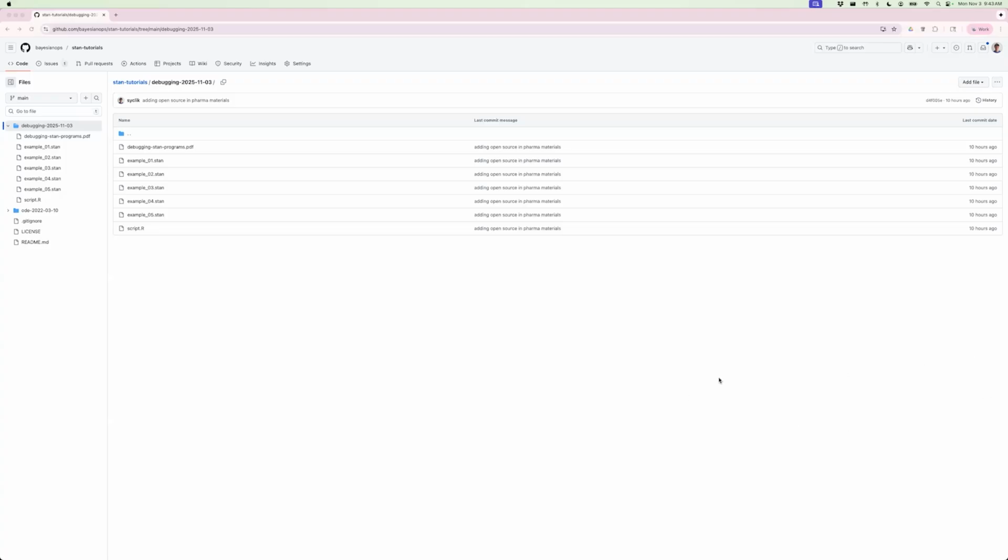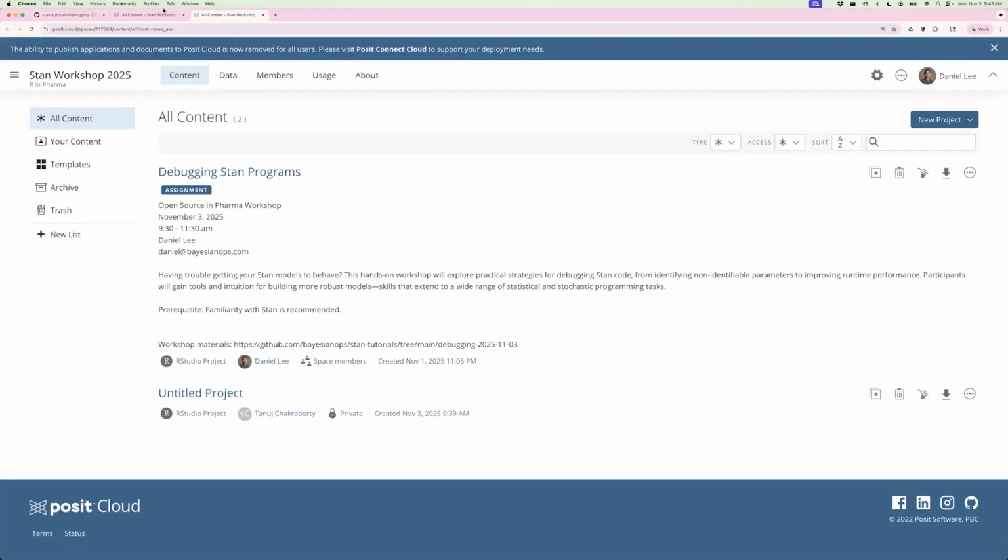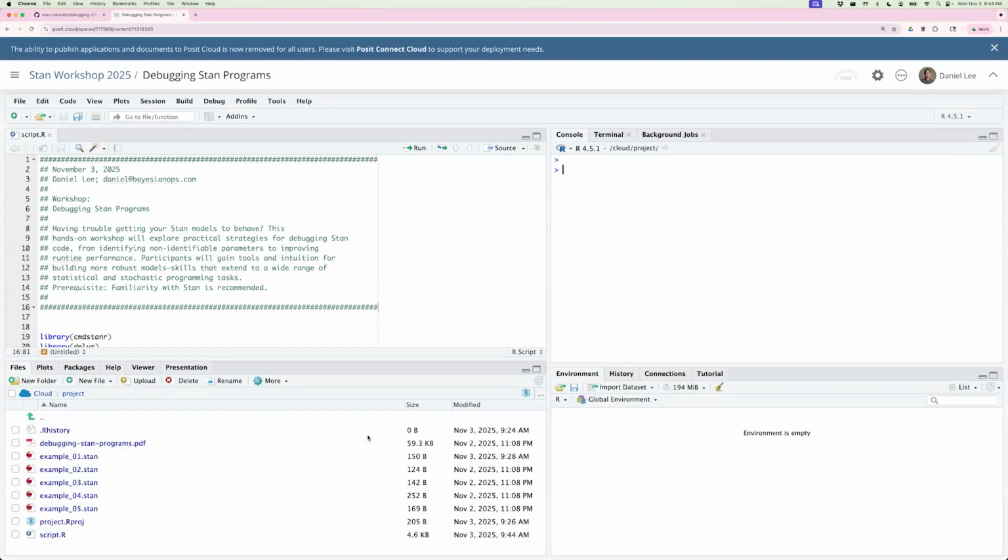Daniel, while they're doing that, I think you should be good to go now. I think it was set to private, so I changed it to open for the members. If people click on the link that I just put in the chat box, it should now have content. If they don't have content, they may just have to delete the one that they clicked on before and click on a new one, and it should open it up with all of the slides and files. People are starting to say they can see it. So I think we're good.